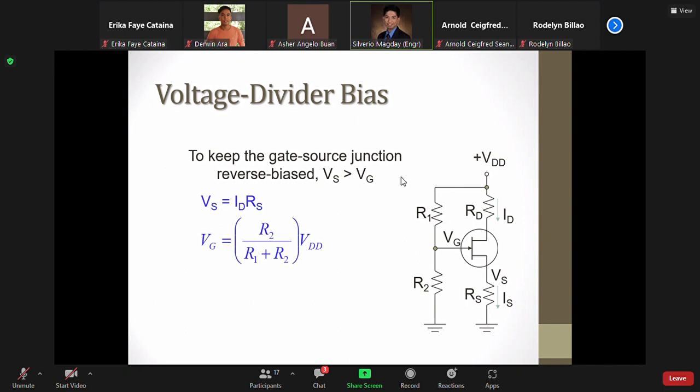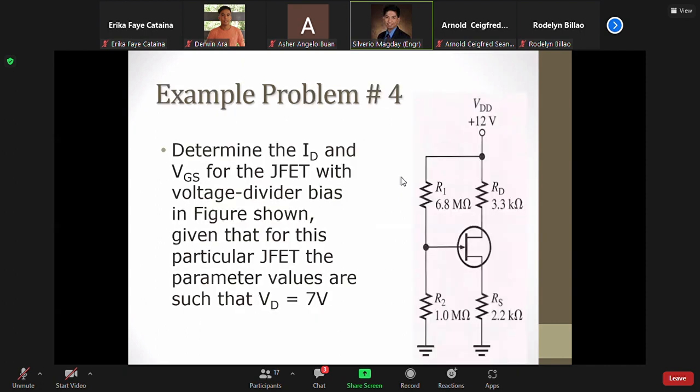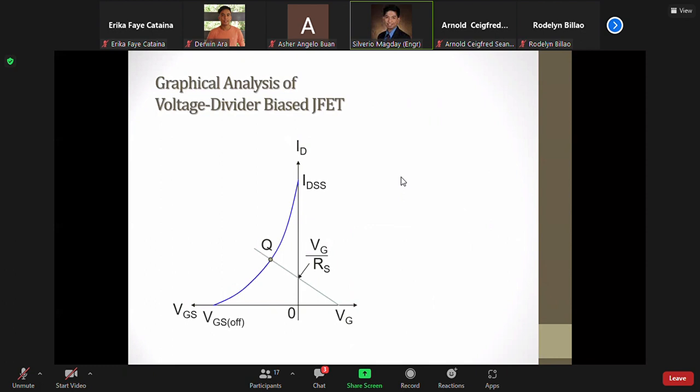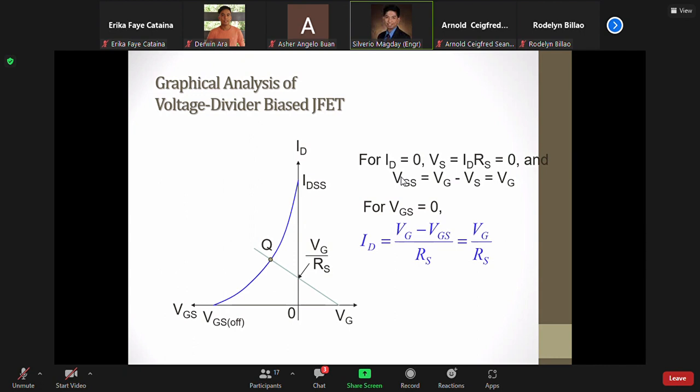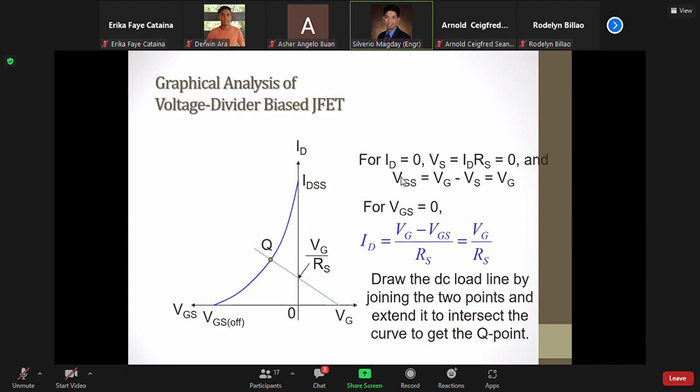Same lang din naman yung formula. Okay, for a voltage divider, try nyo na lang, ganun lang din naman. Pag sa graphical, ganun din naman, DC load line, madali na lang.